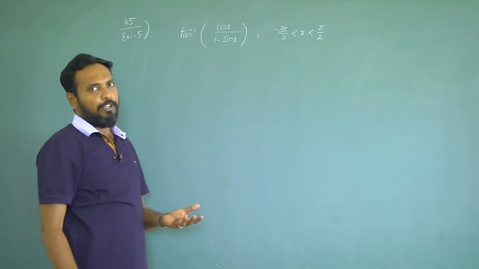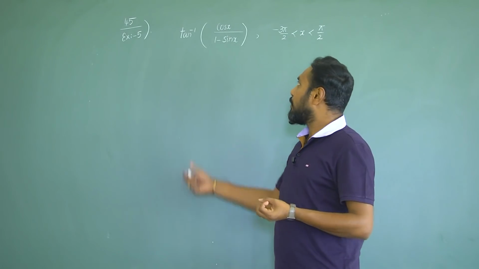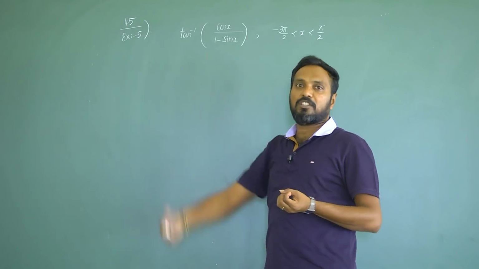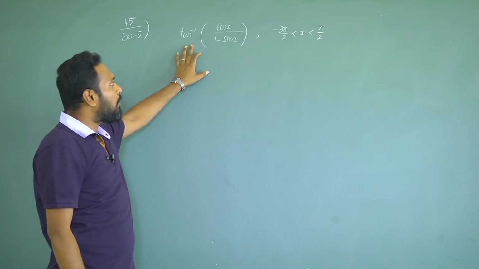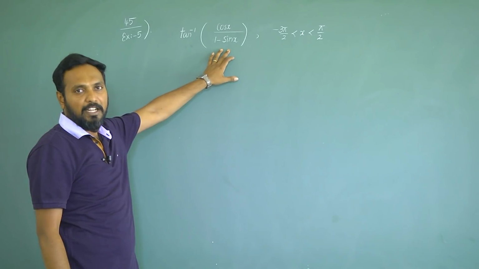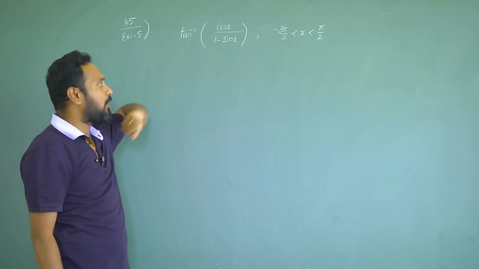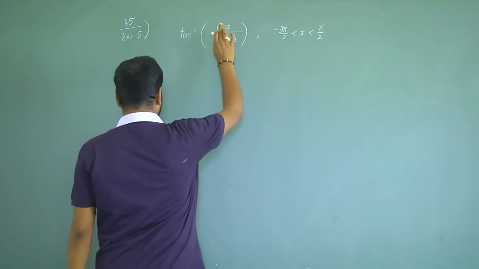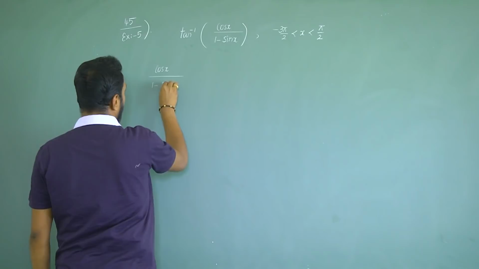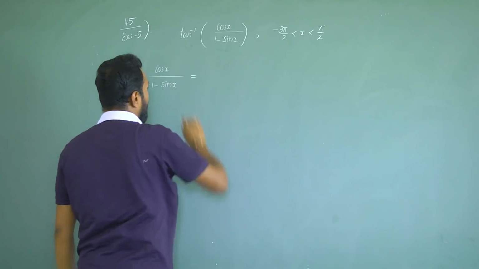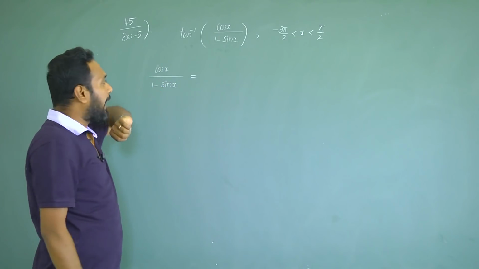The logic we will follow to simplify these types of functions is that we need to convert the inside function in terms of the outside function. As the outside is in terms of tan inverse, we need to convert the inside in terms of tan, so that we can apply the tan inverse of tan theta equals theta formula. Now for that, cos x by (1 minus sin x): what is the formula for cos theta in terms of half angles?